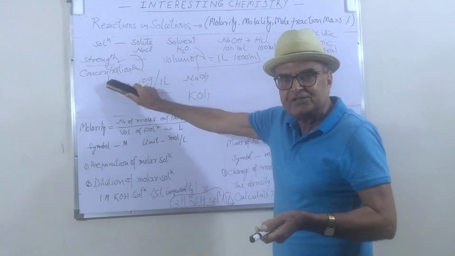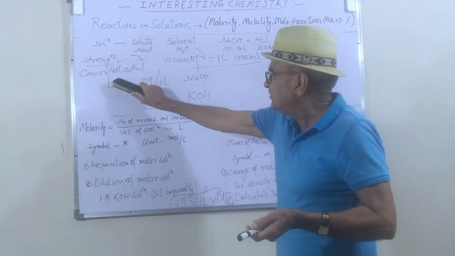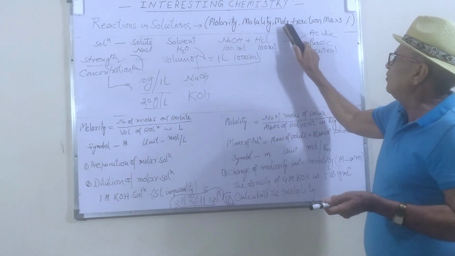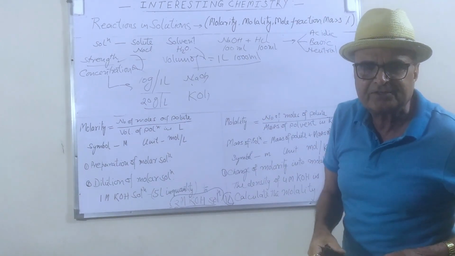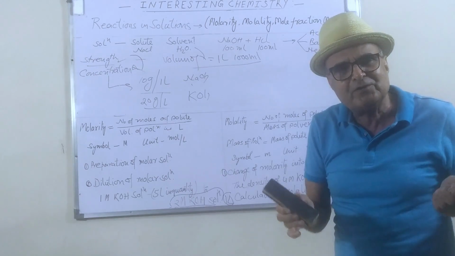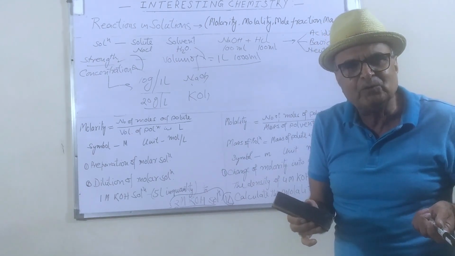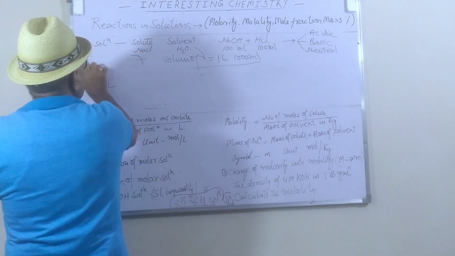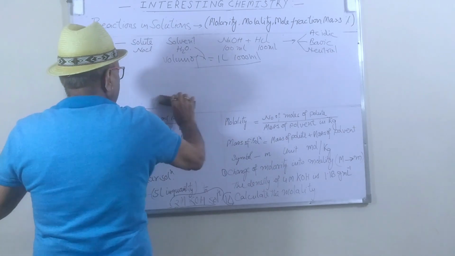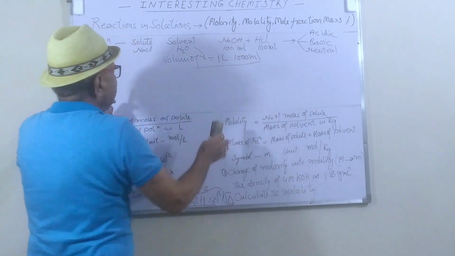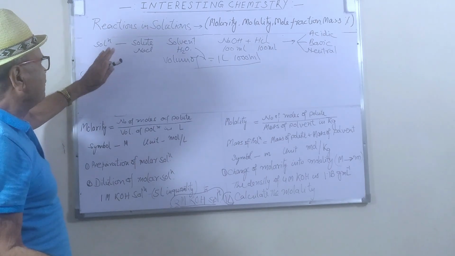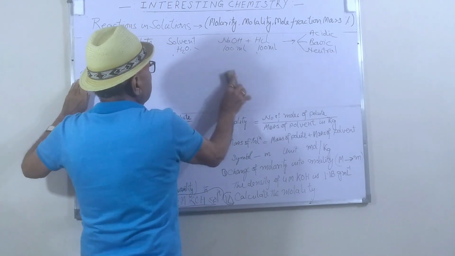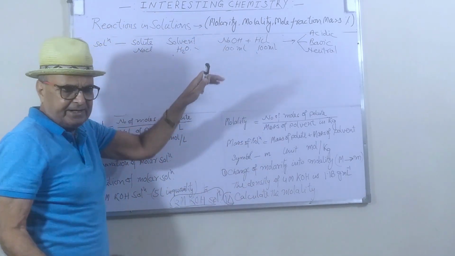The concentration can be expressed in molarity, molality, mole fraction and mass percentages. I am going to explain the different ways to show the concentration of a solution. The first is molarity.